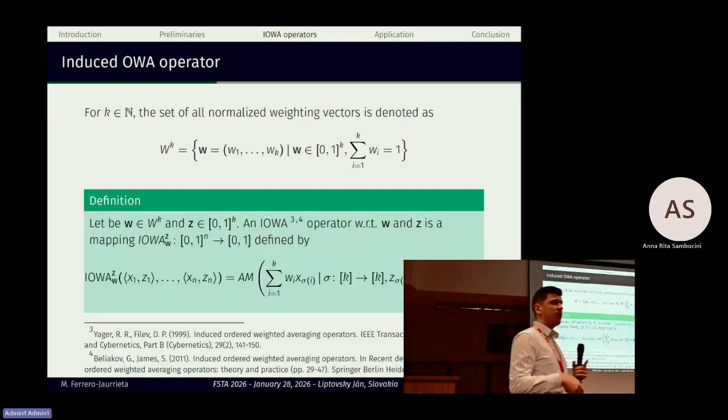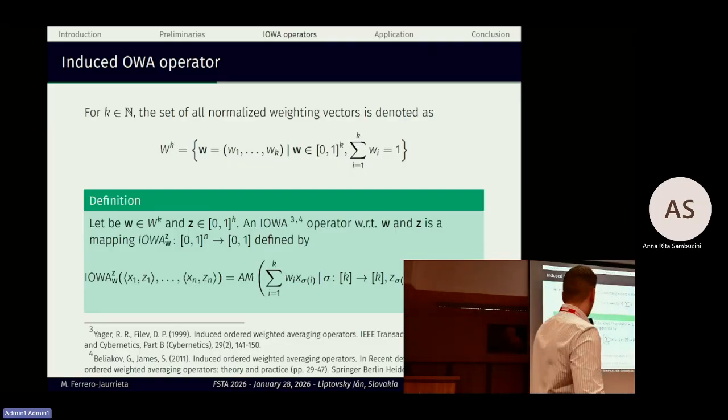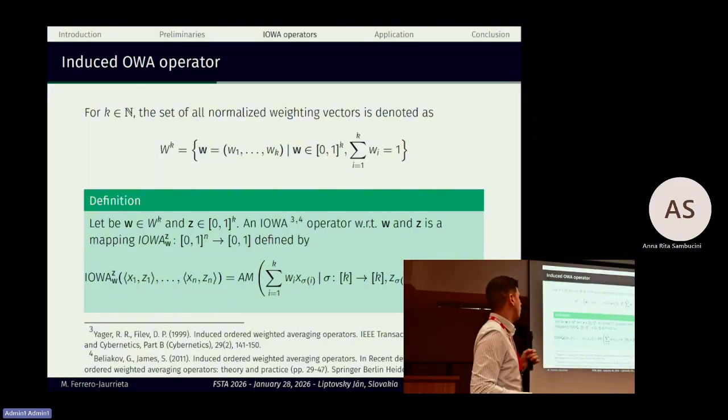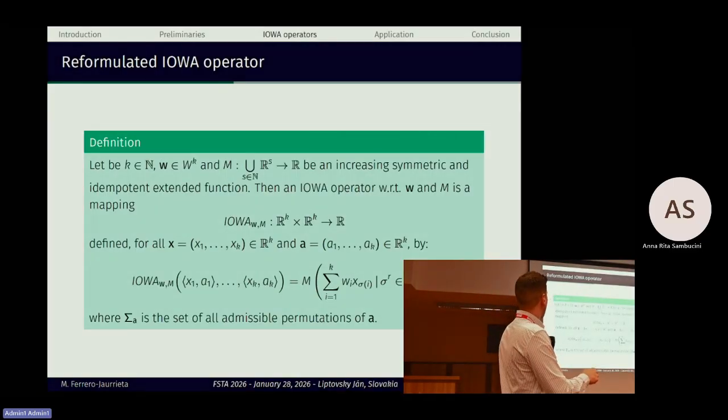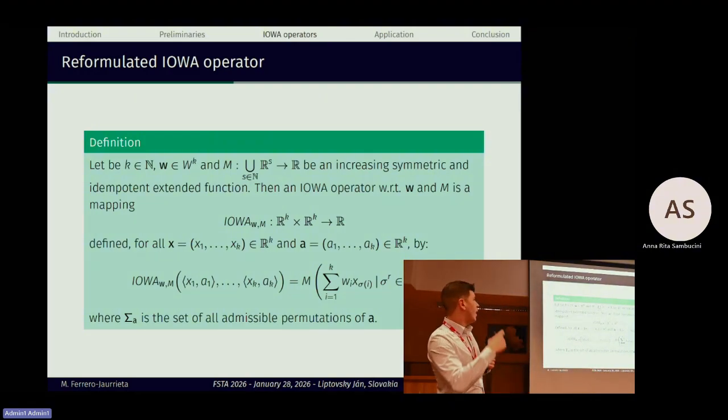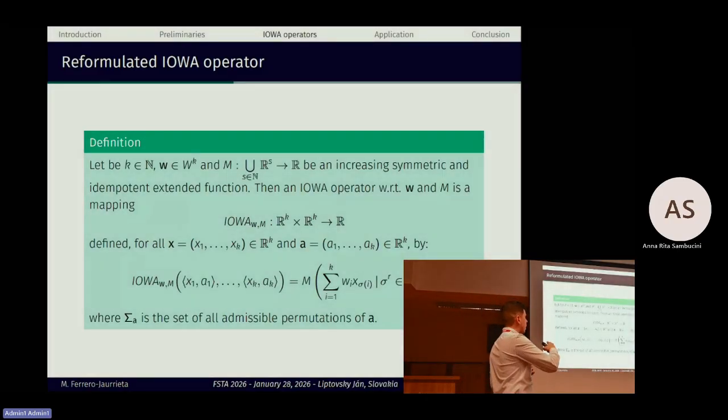In order to be a bit more flexible, we have generalized this operator. We have reformulated this operator with an increasing, symmetric and idempotent extended function. In this way, we present the following mapping, which is an IOWA operator, and as in the previous cases, the values that we are aggregating are the x_i's.